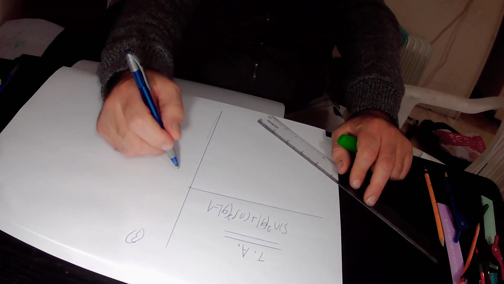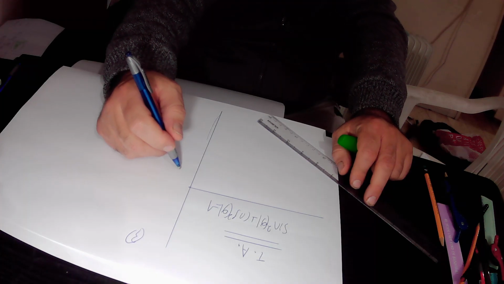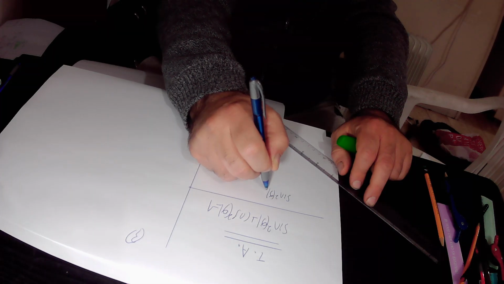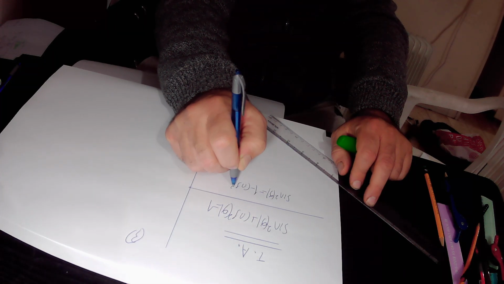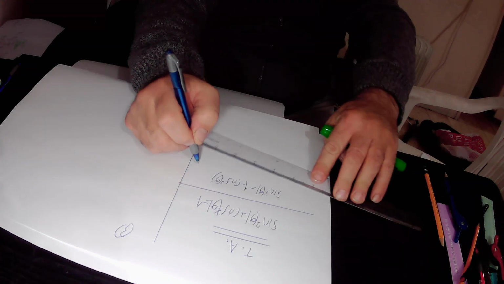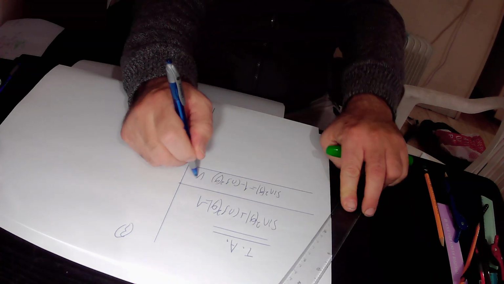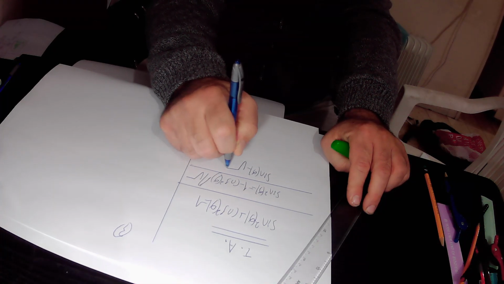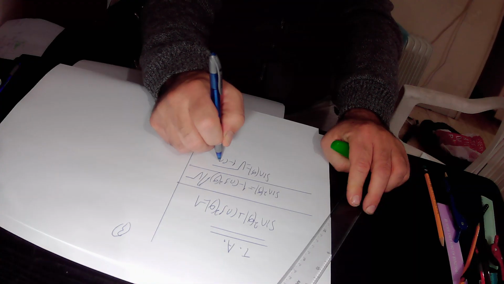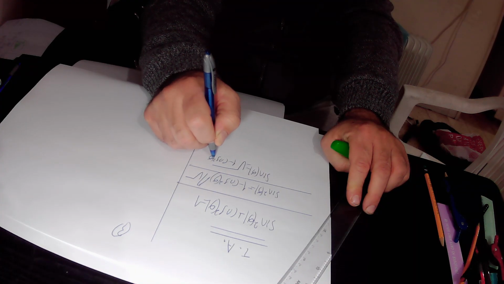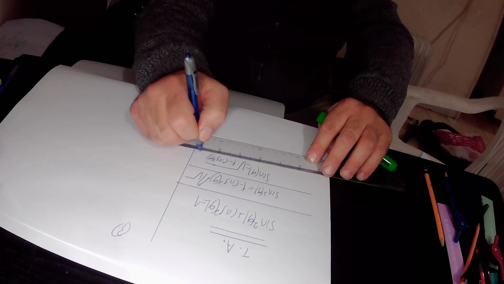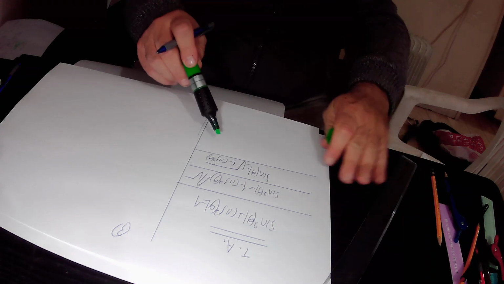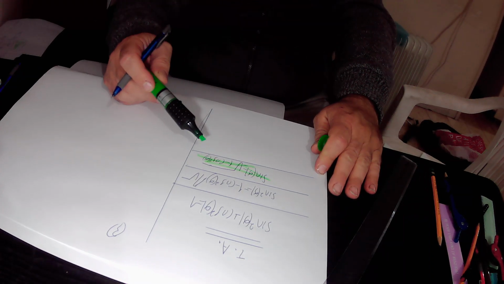So here we subtract cosine square alpha from this trigonometric identity, and we get that sine square alpha equals 1 minus cosine square alpha. So here we take the root of this equation, and finally get that sine alpha equals the square root of 1 minus cosine square alpha.